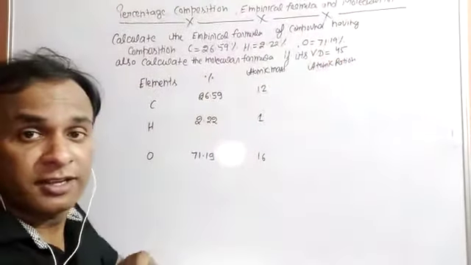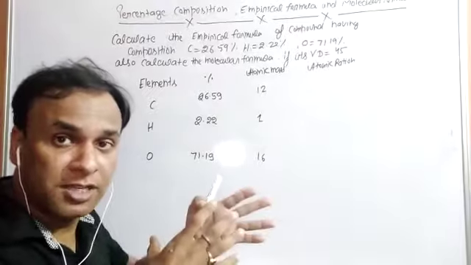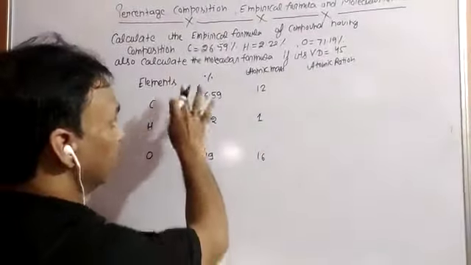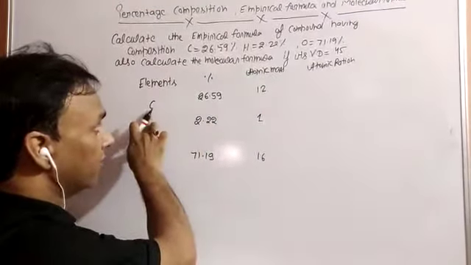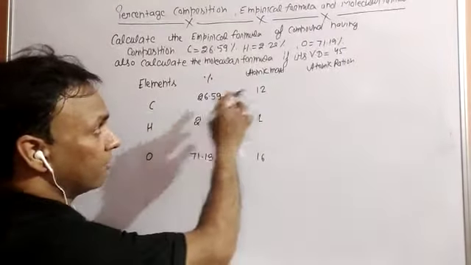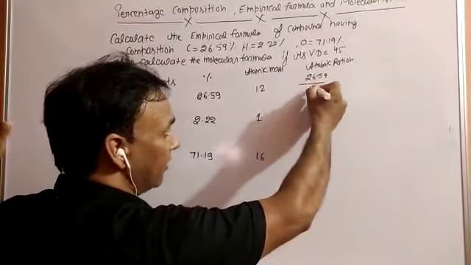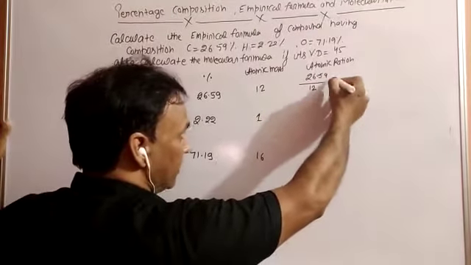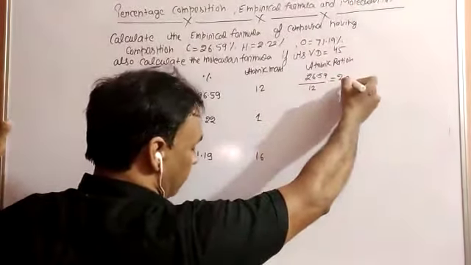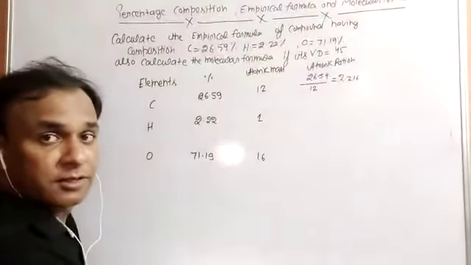Atomic ratio is defined as the ratio of percentage and atomic mass. Means here the atomic ratio of carbon means the percentage of carbon, that is 26.59 divided by 12, which is approximately 2.216. Clear?